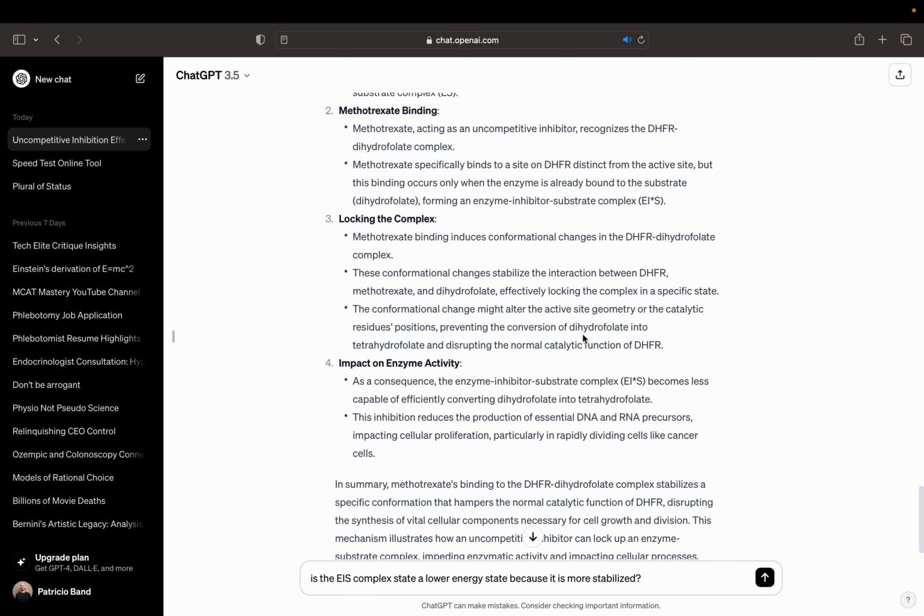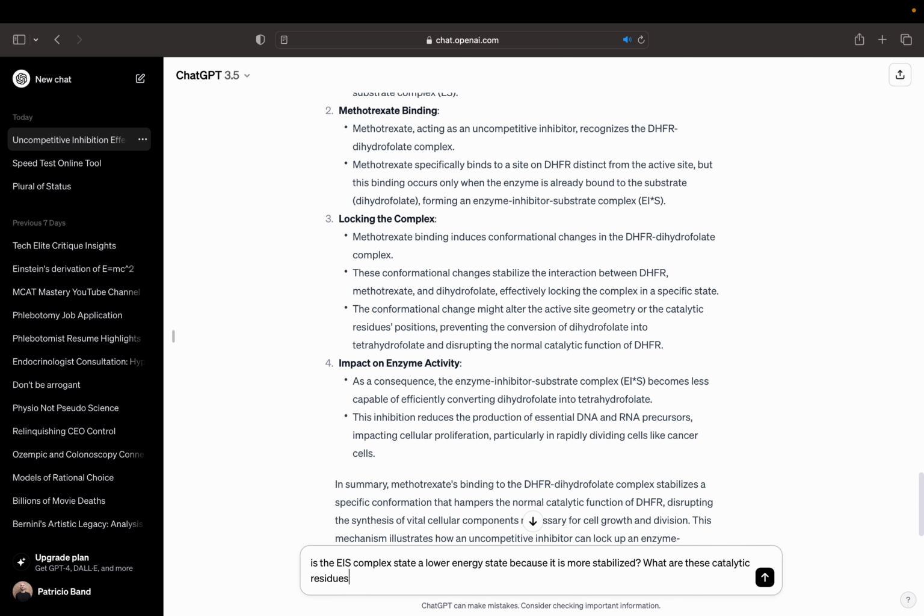So the conformational change, forming basically the EIS complex, might alter the active site geometry, the shape of the active site, or the catalytic residues positions. What are these? What are these catalytic residues positions?